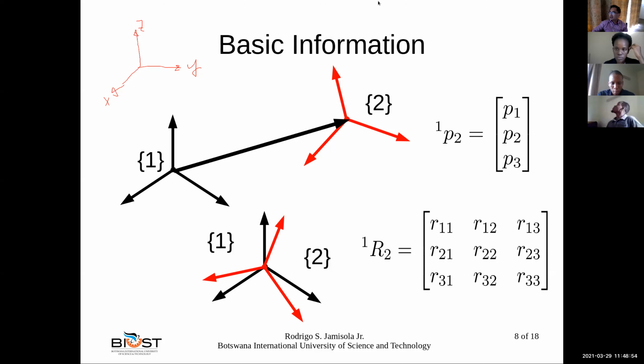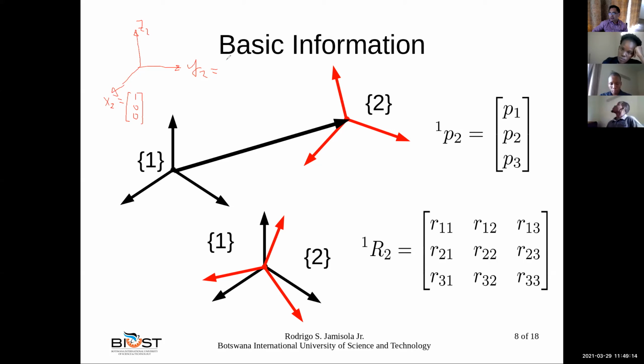We know that if you express x2, y2, and z2 with respect to itself, this is 1, 0, 0, right?